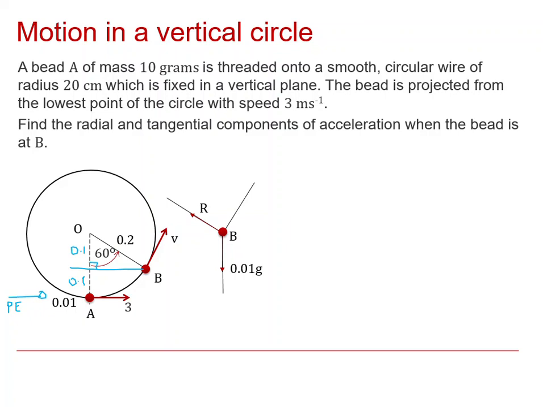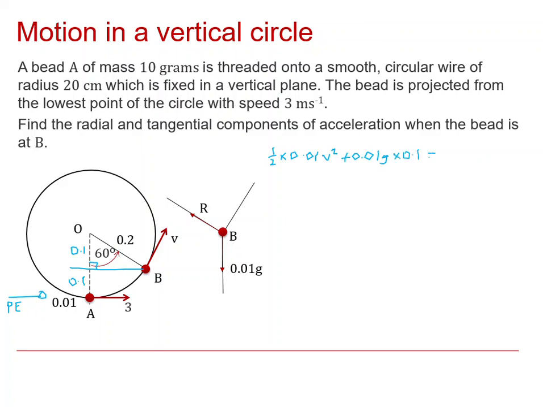Now that allows us to do an energy analysis. So if we take the final energy, it will be kinetic, a half times the mass times the velocity squared, plus the potential energy, which is 0.01, the mass, times the gravity times the height above the zero level, which we calculated as 0.1.